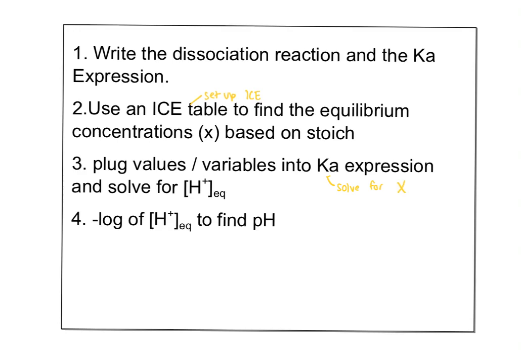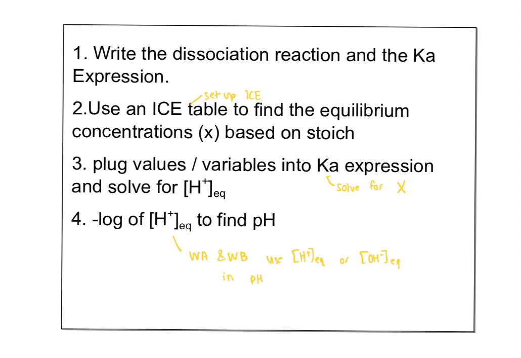And then X is going to be your concentration of H plus at equilibrium. So for a weak acid, use the concentration of H plus at equilibrium, or the concentration of OH minus if it's a weak base, at equilibrium, and then your pH square.